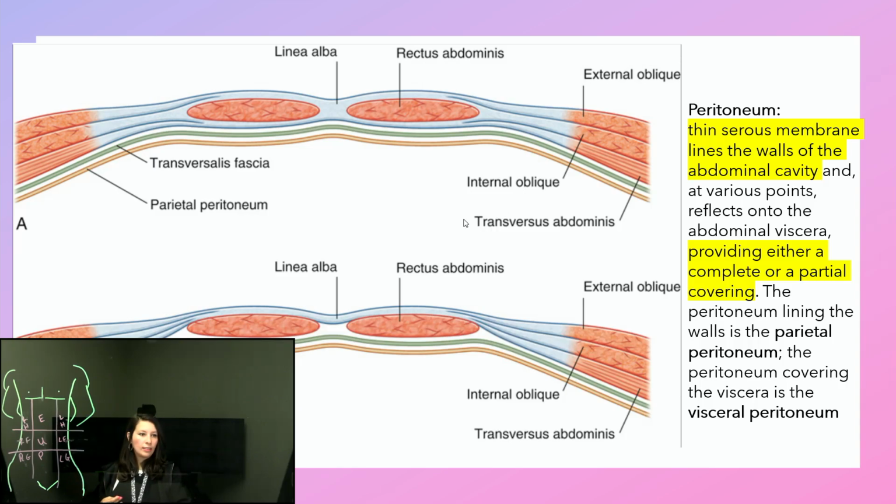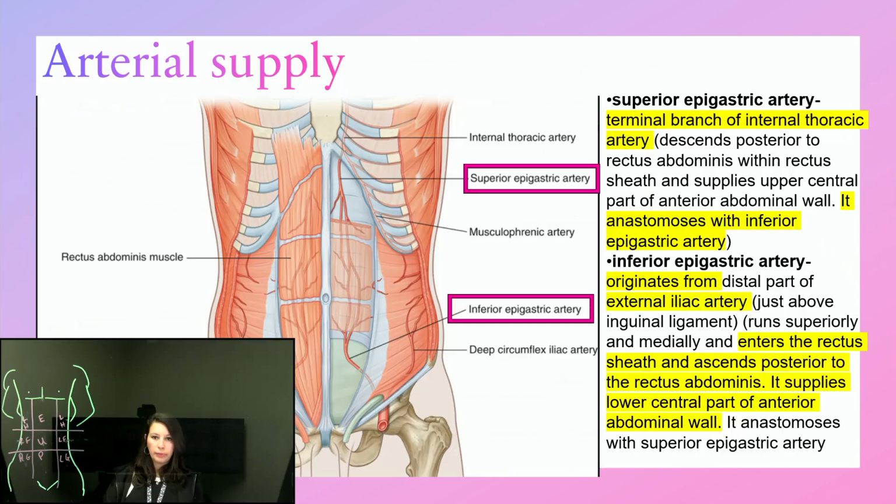It's a serous membrane that lines the walls of the abdominal cavity, providing a very complete or partial covering for these organs. We're going to be learning that some of these organs are considered intraperitoneal or retroperitoneal, or secondarily retroperitoneal. The peritoneum lining the walls is the parietal peritoneum, and the peritoneum covering the viscera is what we call the visceral peritoneum.